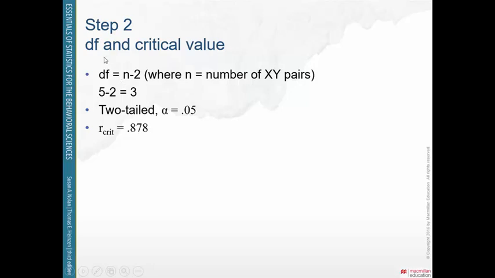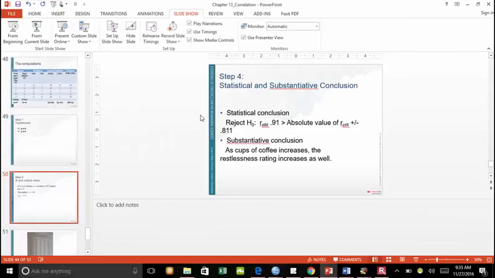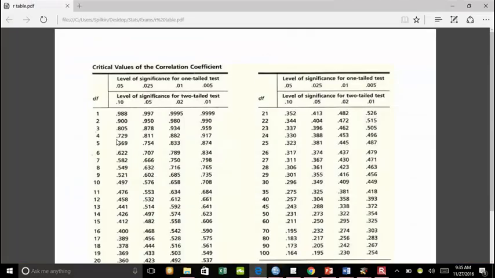Critical value and degrees of freedom. So degrees of freedom is n minus 2, where n is the number of pairs. We had 5 pairs minus 2, which is degrees of freedom of 3. Two-tailed, alpha 0.05. So we'll go to the critical R table, with 3 degrees of freedom, 0.05 significance is 0.878. And you can see these are huge critical values. You would never do a study where you're looking at a correlation of 5 people, right?